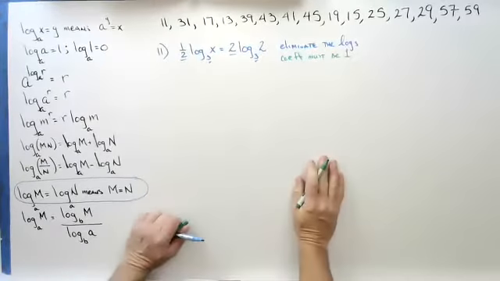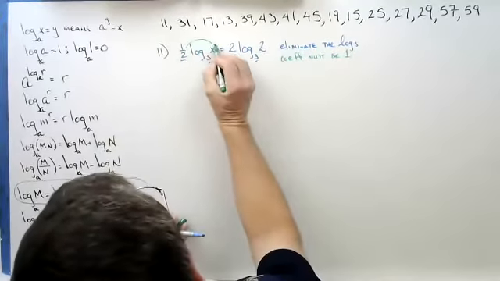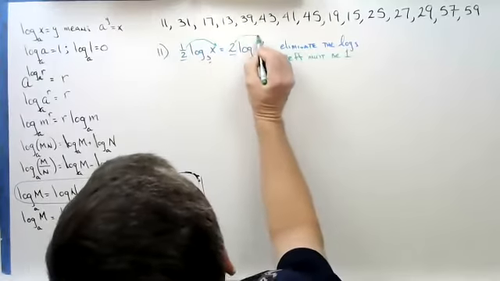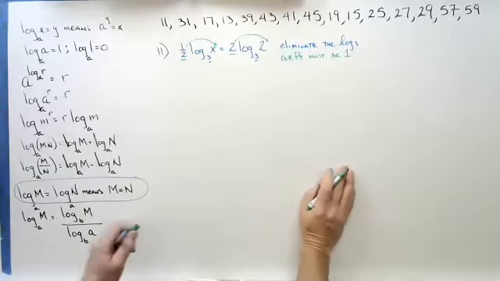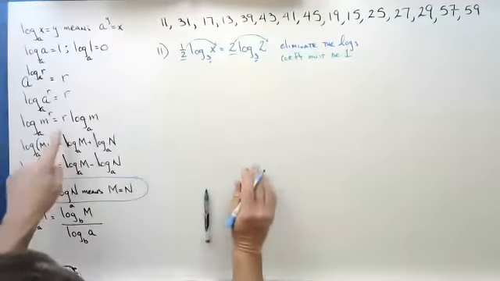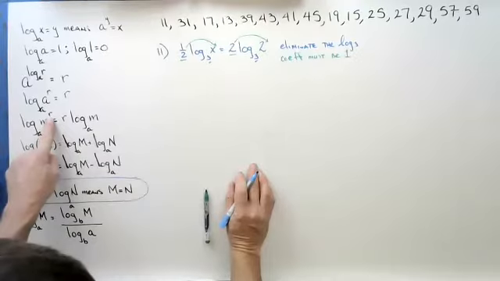Well, lucky for us, we have a log property that says we can move this up here. If you have a coefficient out in front, you can make the coefficient a power.